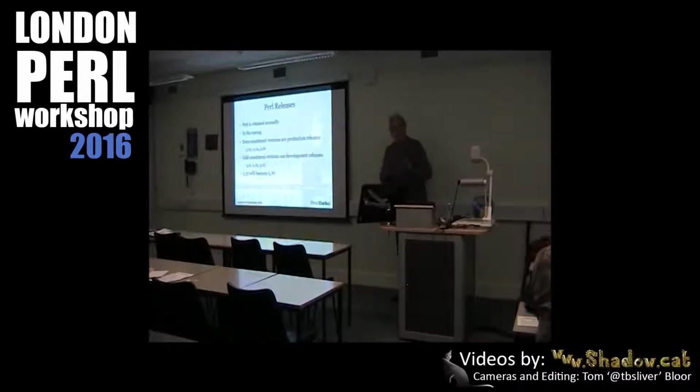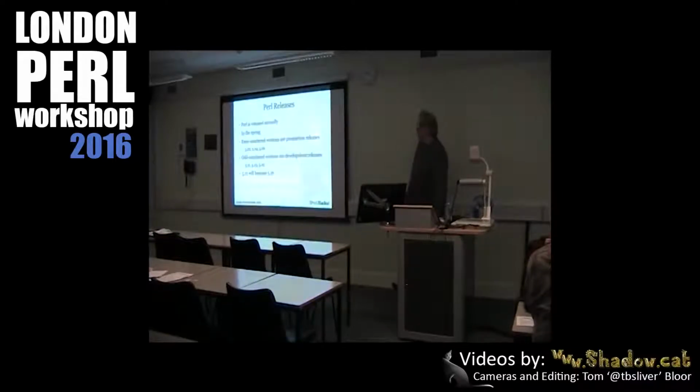So currently people, I say we because it's not me, I have nothing to do with this, are working on 5.25, and that at some point in about 5 or 6 months' time will become Perl 5.26, and everything will be good.